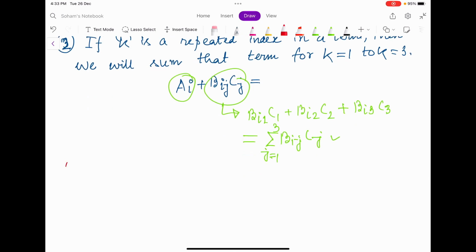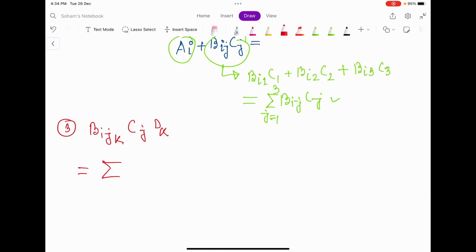Like for an example, if I write bijk cj dk, that will mean that this is a double summation.